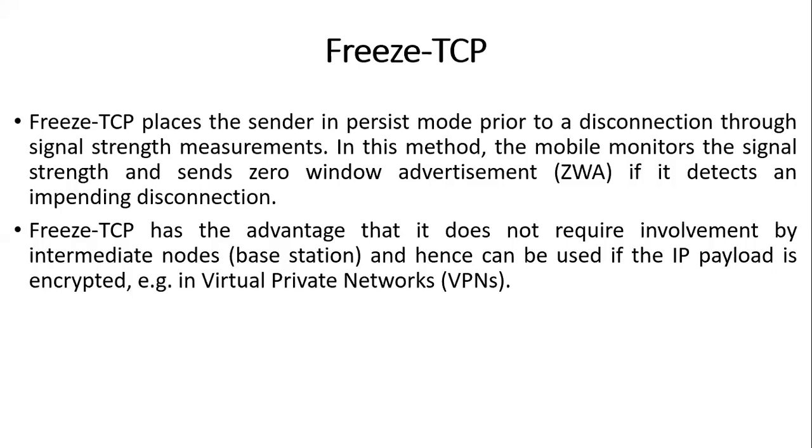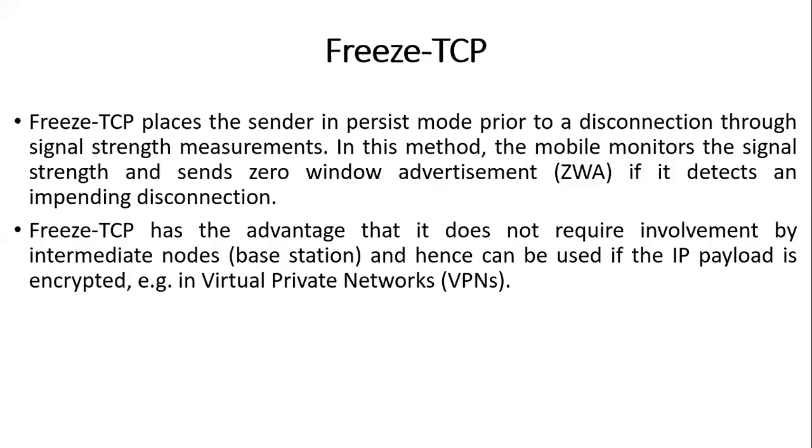But note that here, since it is from the mobile node, it itself can go out of coverage. When it is from the base station, the base station can still send the zero advertisement window even after the mobile node has gone out of coverage. But the mobile node cannot do that. Once it goes out of coverage, it cannot communicate anyway. It cannot any longer send.